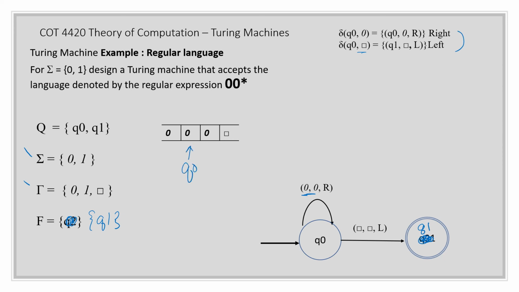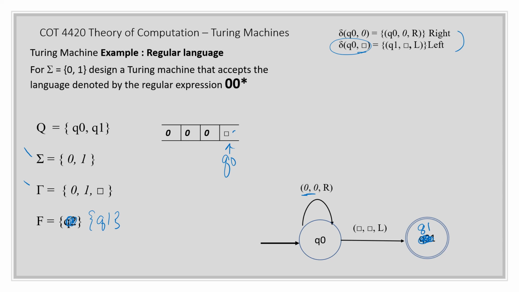Now we're in Q0 and it's a 0. We're going to leave the tape alone and move right. So now we're in Q0 and it's a 0. We're going to stay in Q0 and move to the right. Now we are in Q0 and, with this transition right here, we encountered the blank.